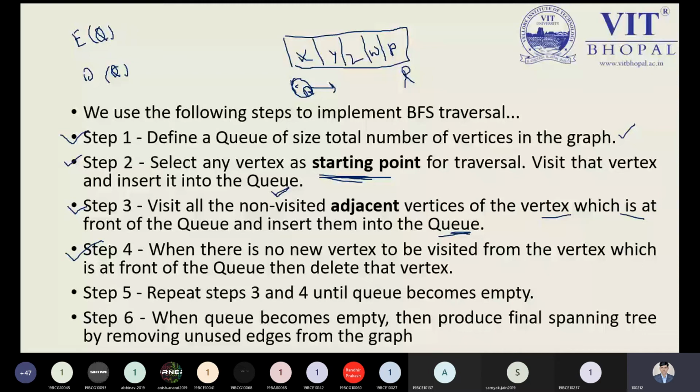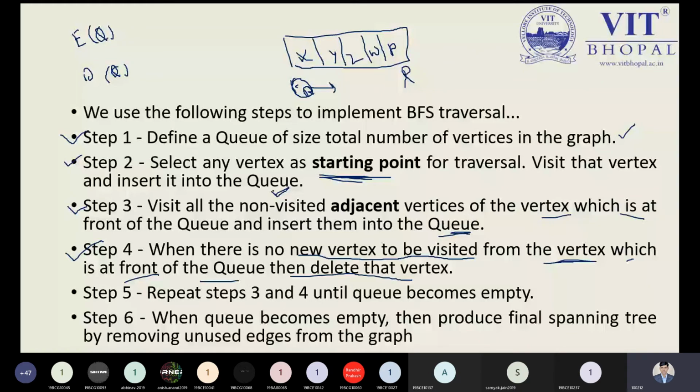When there is no vertex to be visited from the vertex which is at the front of the queue, then delete that vertex.